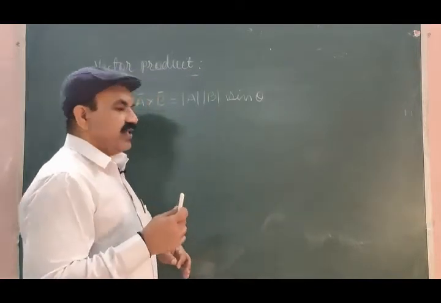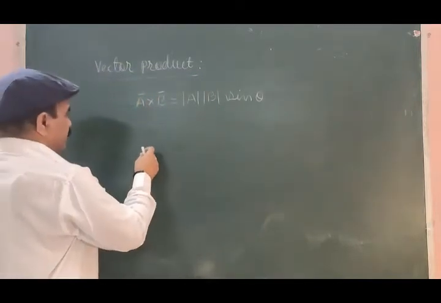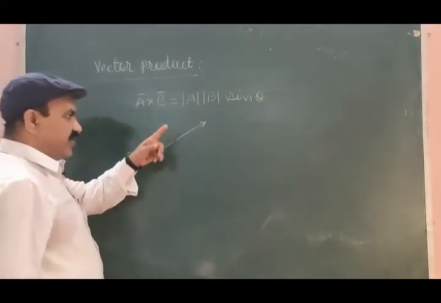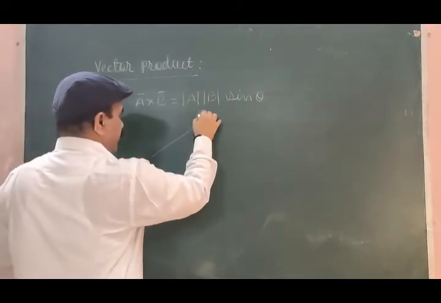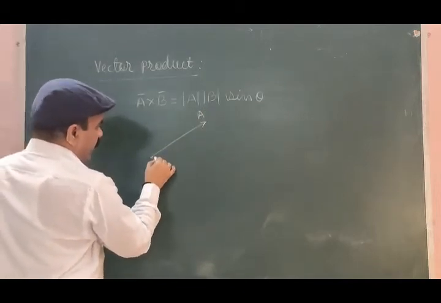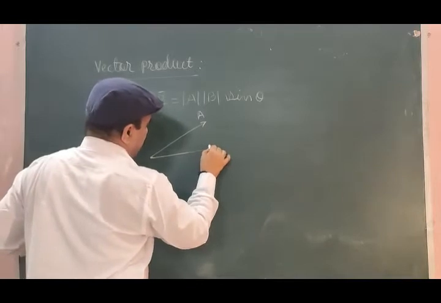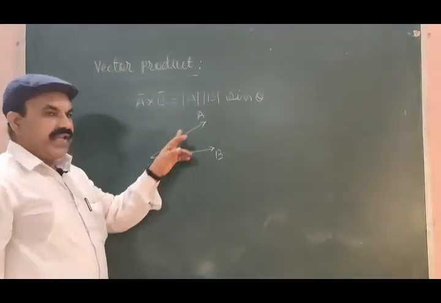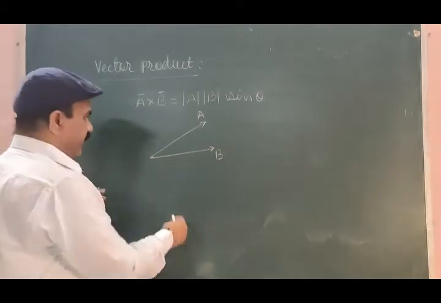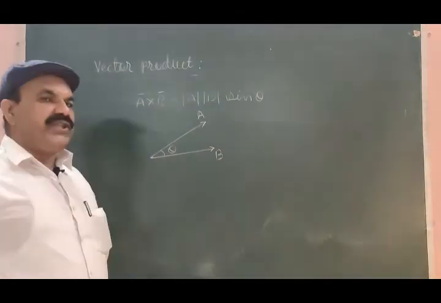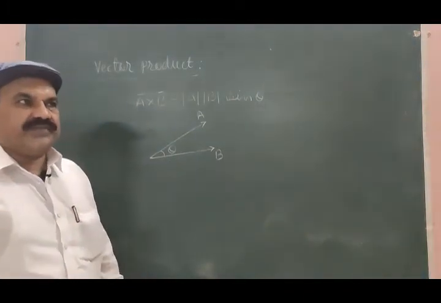Let us consider two vectors here. Vector A, let us suppose the tail of A and B is common. Vector A, vector B, the angle between these two is theta.